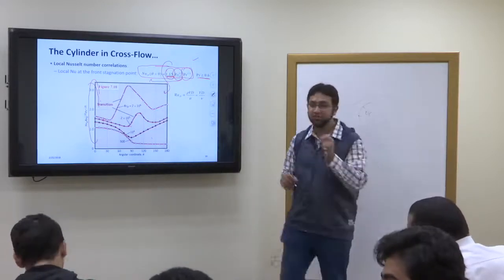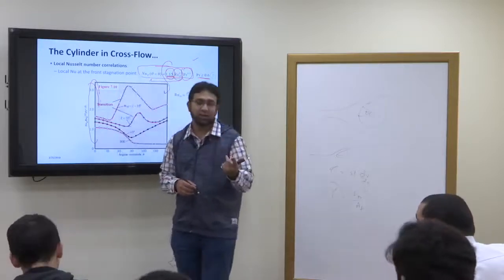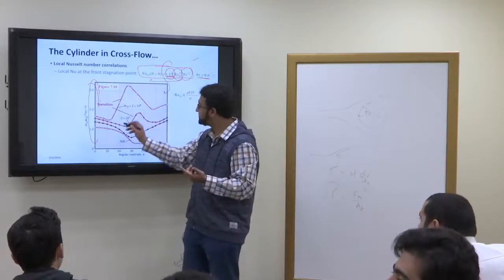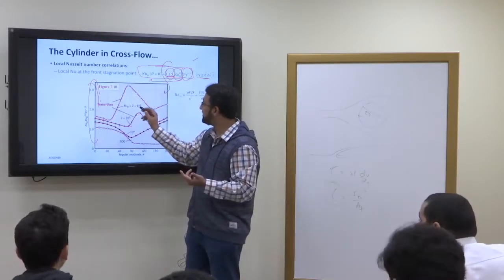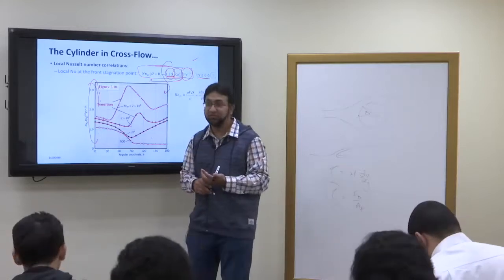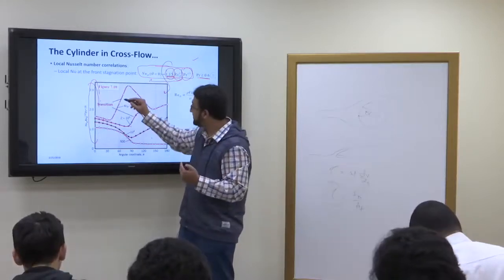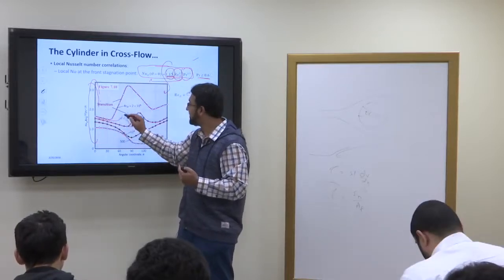And obviously, if you are using the graph, there is a chance of error. Let's say your Reynolds number is not 2 into 10 to the power 5 or 2 into 10 to the power 6, but 8 into 10 to the power 5. You know that it is in between the two, so you will estimate a curve in between.